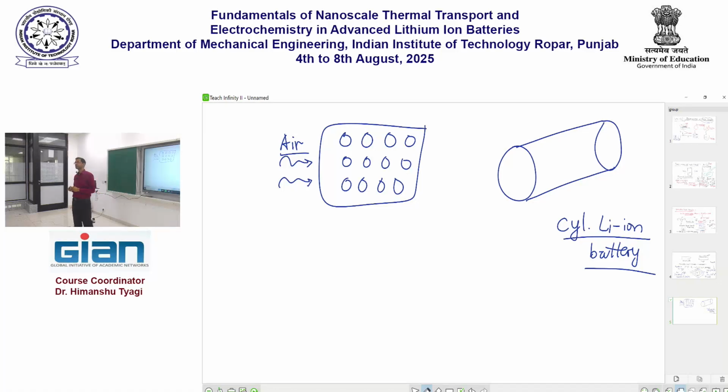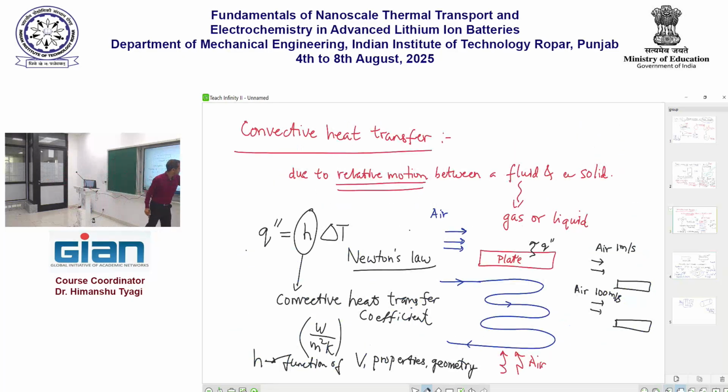Okay. Surface area also plays a role, and the surface area appears here in Q double prime. Q double prime is watt per meter square. So if the surface area is larger, I will be able to remove more heat.